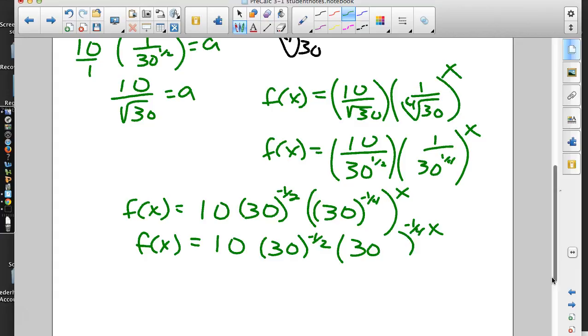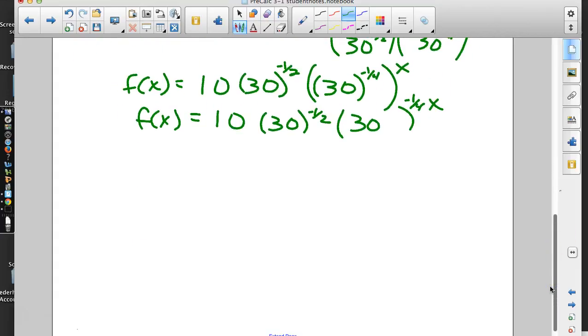And that's because when you raise a power to a power, you always multiply. This is something, like I said, I talked through in the extra credit video as well. And since those 30s both have the same base, we could see this written as 30 to the negative 1/4 x minus 1/2 power.